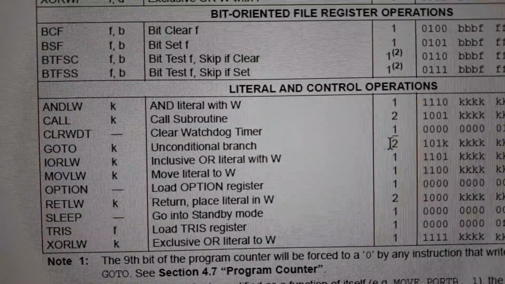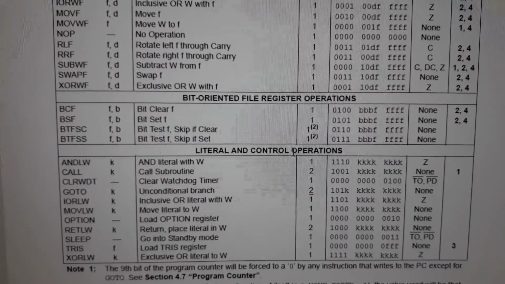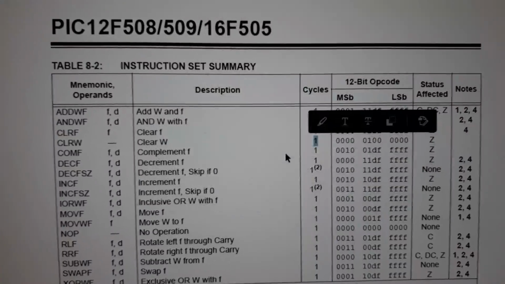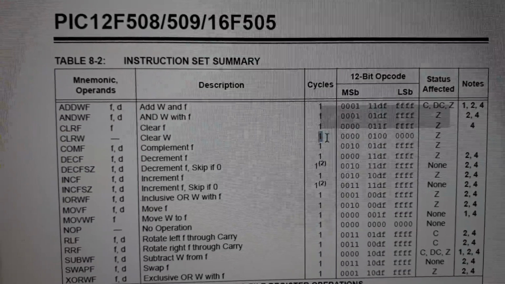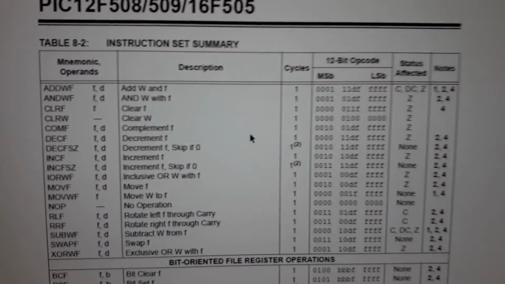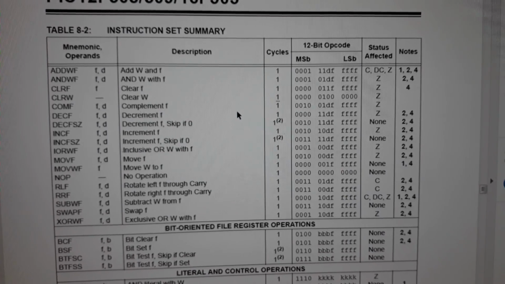This is 2 cycles. Okay, 2 cycles, and one cycle like this. Or 1 instruction is actually 4 oscillations. It says here in the PDF, in the datasheet of the PIC, in multiple locations.